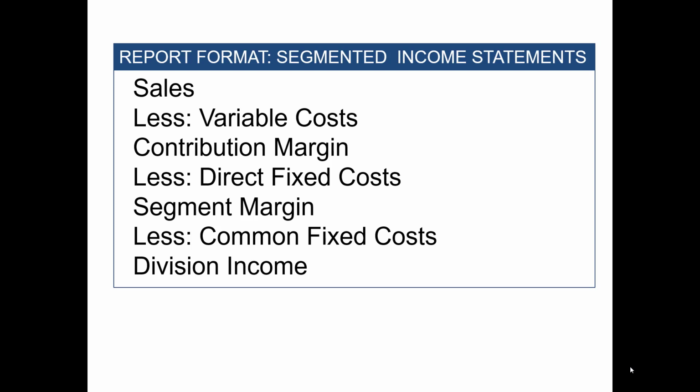You'll start with sales, less variable costs to get contribution margin. Fixed costs will be divided up between direct and common. So first you'll subtract the direct fixed costs to get segment margin. Then you allocate the common fixed costs and subtract those out, and you have division income.